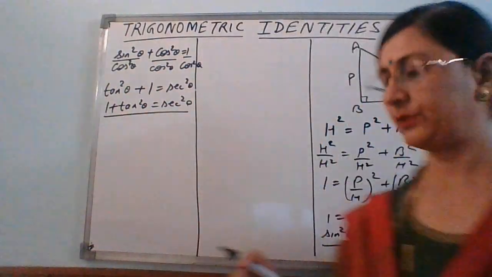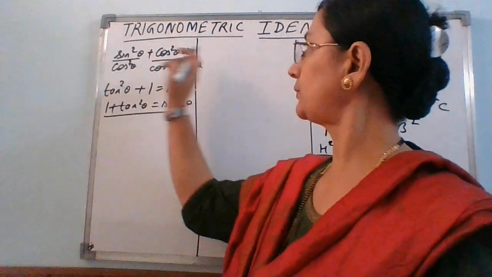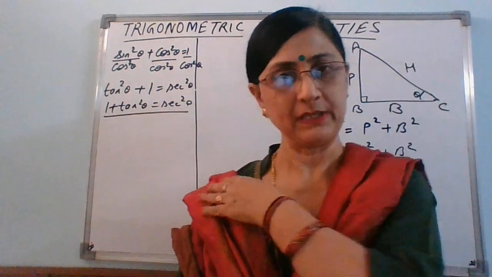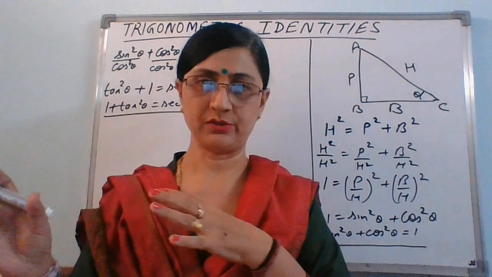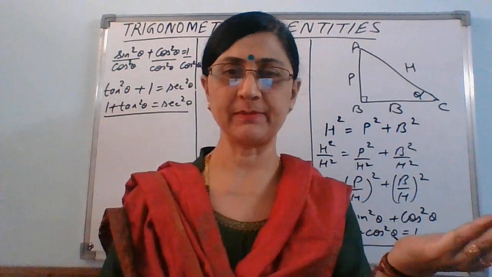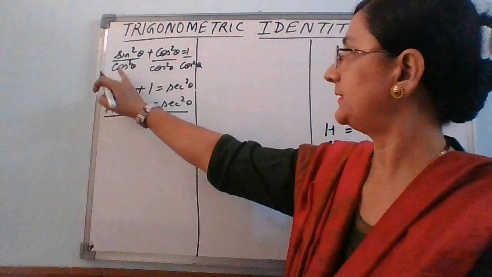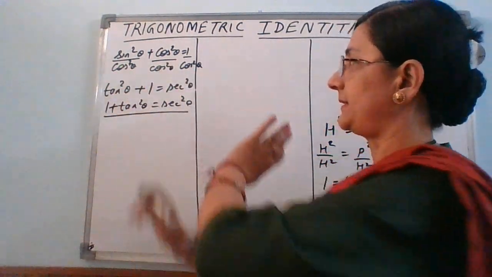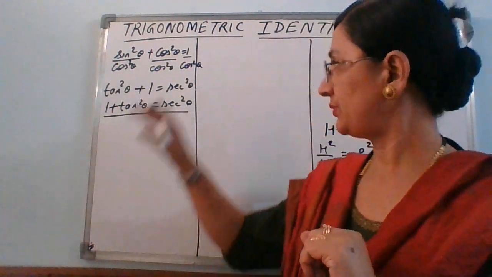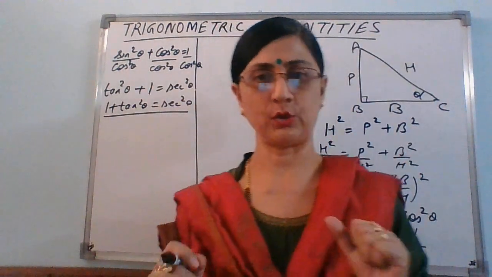What we did is take the first identity and divide throughout by cos square theta. We can do the same operation on the left side and the right side of the equation: whatever we divide on the left, we divide on the right also. So each and every term is divided by cos square theta.